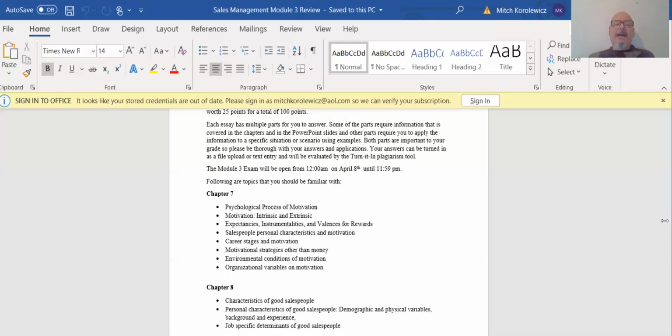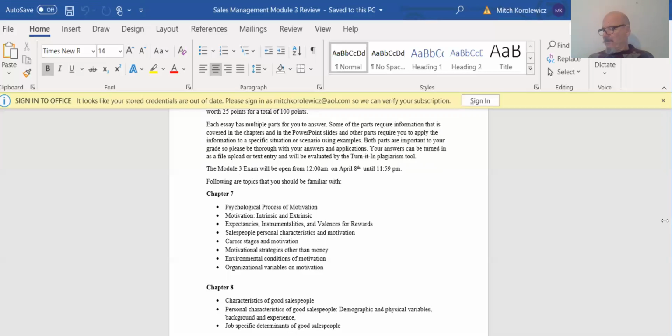What if money does not motivate a salesperson so much? What other motivational strategies can you use to get them excited about their job and to excel at their job? What are those environmental conditions of motivation? How do different organizational variables affect motivation?